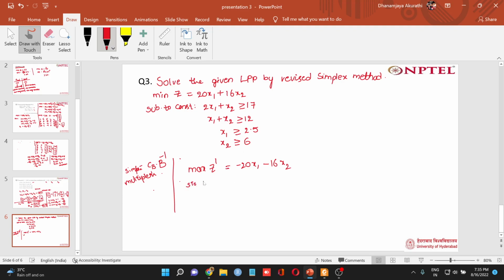So the constraints become the equations: 2x1 plus x2 minus surplus variable, let us say s1, plus artificial variable a1; x1 plus x2 minus s2 plus artificial variable a2; and here also x1 minus s3 plus a3 is equal to 2.5.